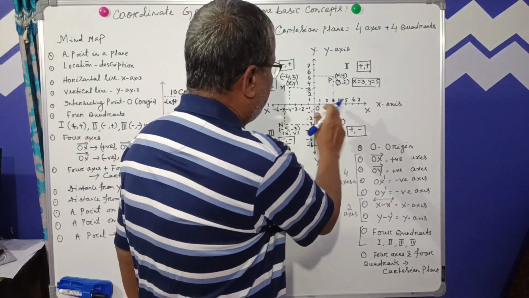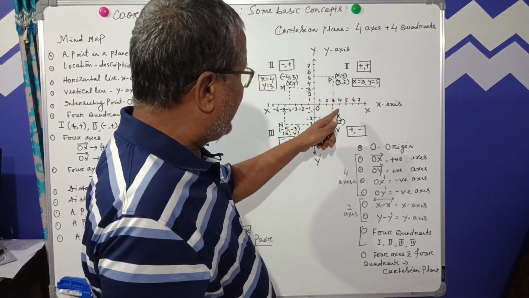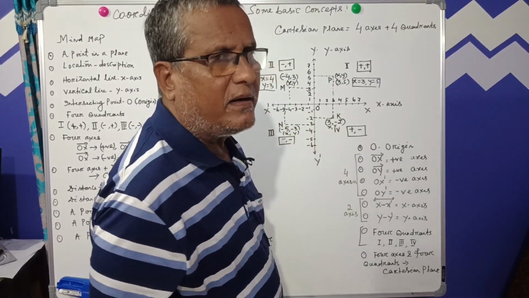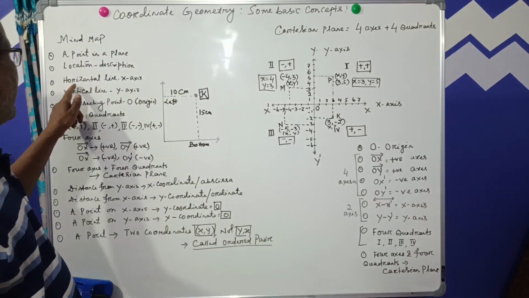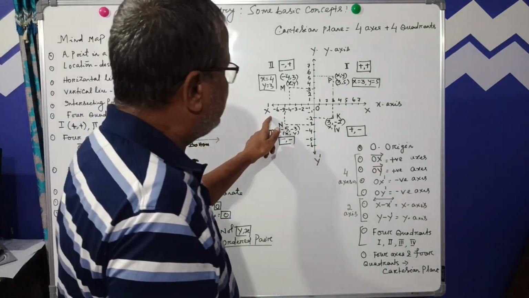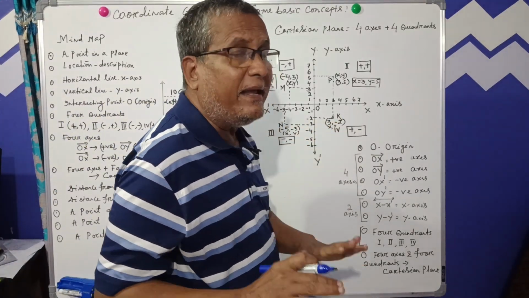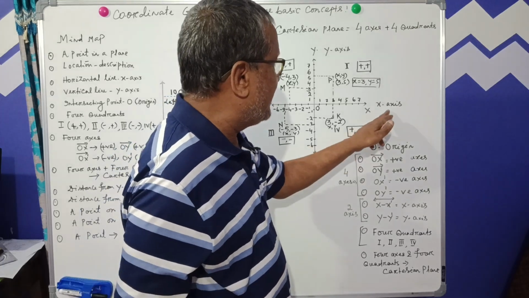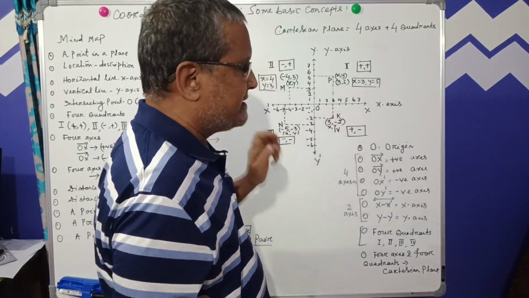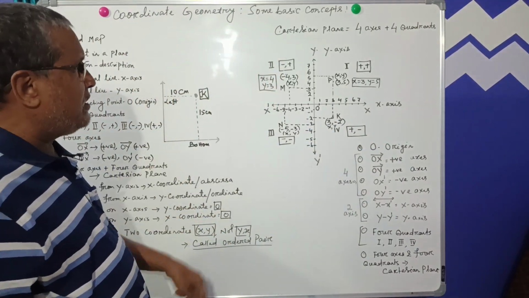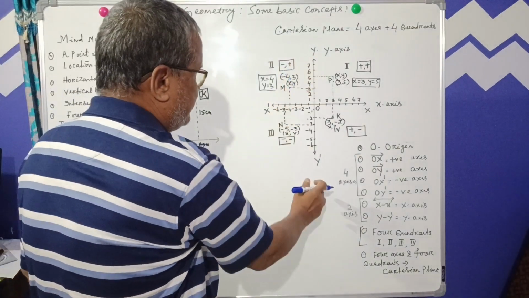So x dash is a number line, and this number line is horizontal. This horizontal number line is called the x axis. Now you see another number line, y dash.